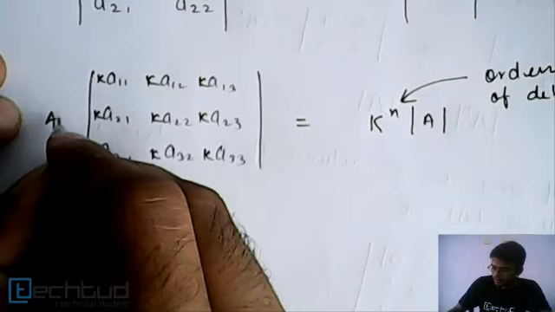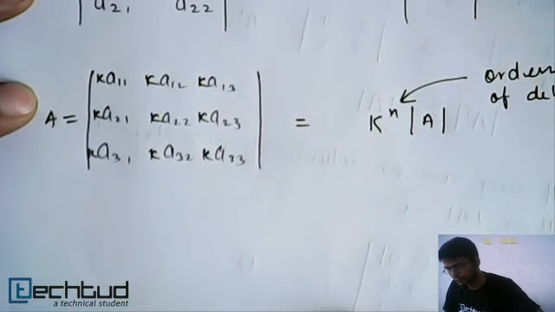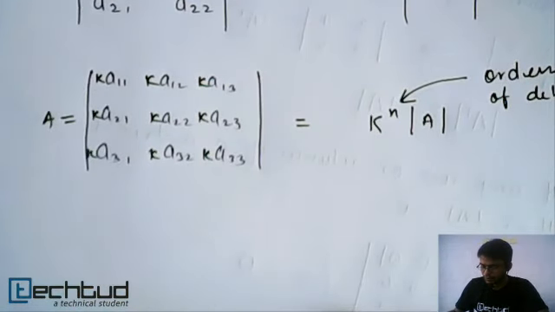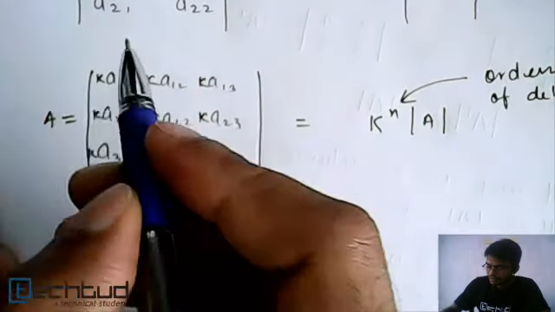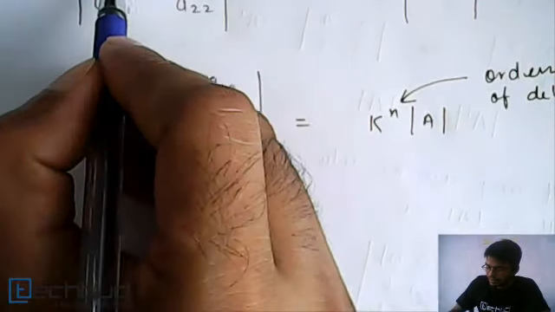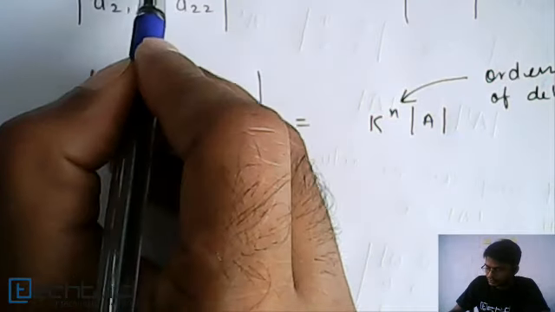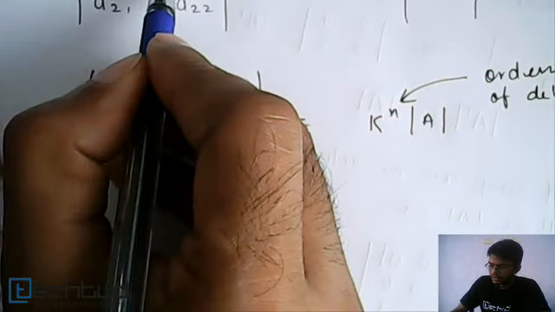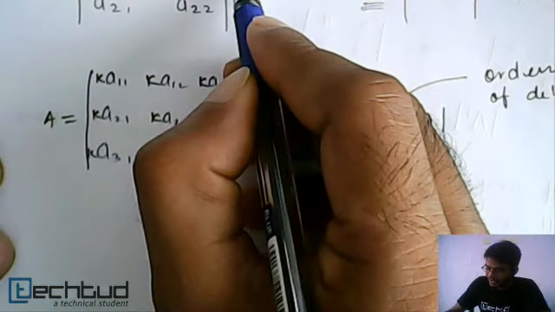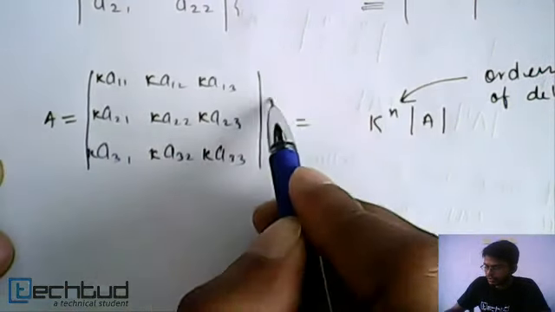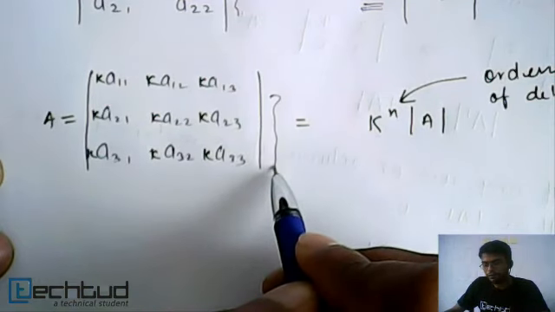Okay, so if you consider both of the two examples, they are correlated, because if we multiply each element of a row with a constant k, we are getting k outside, right? So similarly we have nk for a determinant of order n.